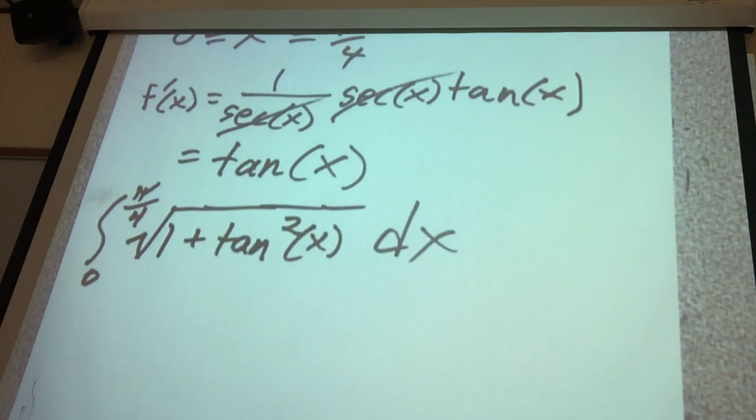Why? Because we can use trigonometric identities to get rid of the square root.